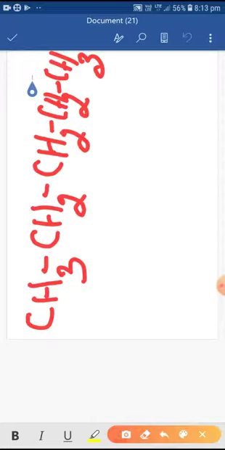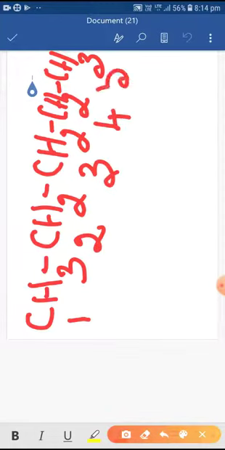In this organic compound, there is no functional group, no double bond, no triple bond. So you can number this compound either from the left-hand side or the right-hand side. Carbon 1, carbon 2, carbon 3, carbon 4, carbon 5.